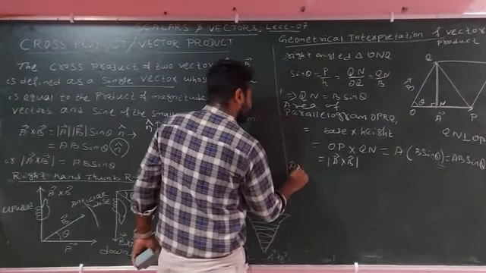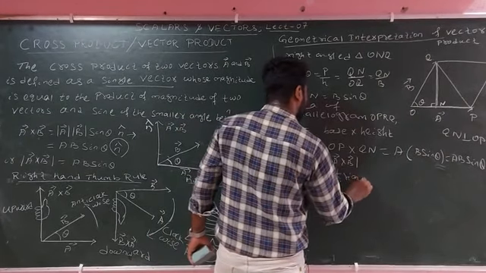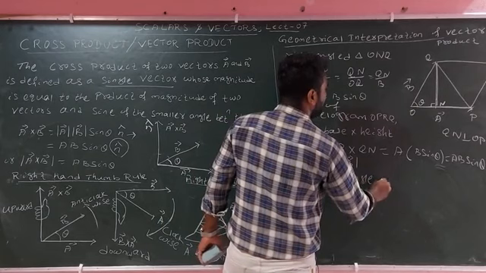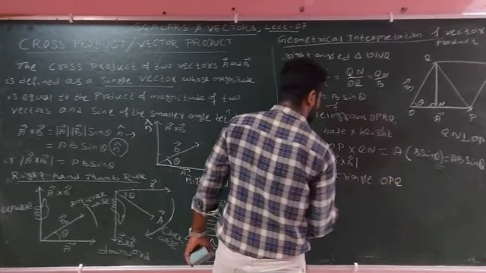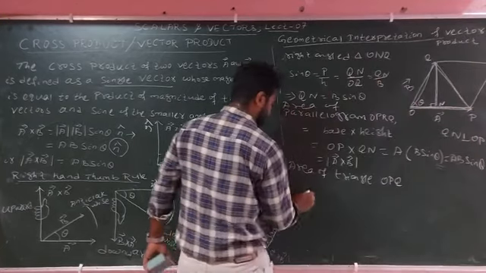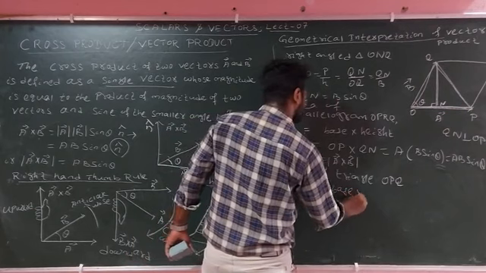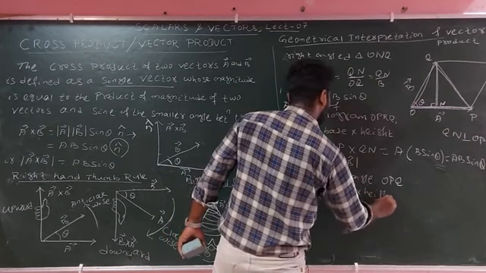Now the area of a triangle OPQ. The area of triangle OPQ is half base into height.